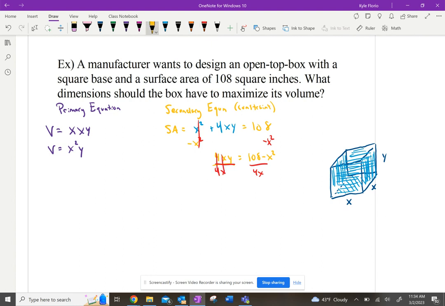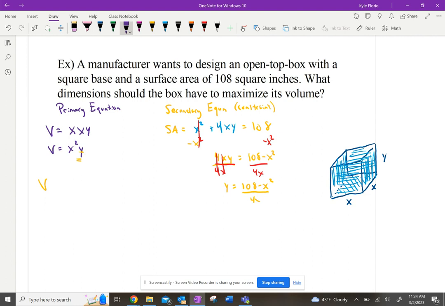And now we've isolated y. I'm not going to bother simplifying this. I'm just going to leave it as is. And so this y needs to get replaced by this. This y. Okay, so back to my primary equation.